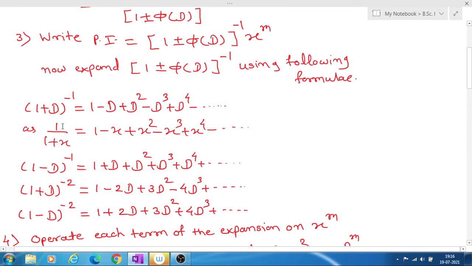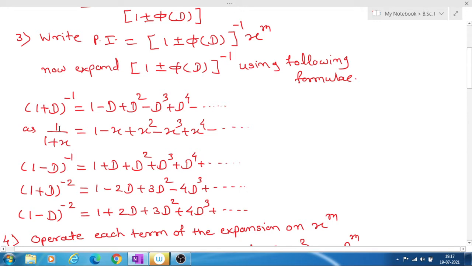So these are the formulae which are useful for expansion of 1 plus or minus phi(D) raised to minus 1. If there is (1 plus D) raised to minus 1, then the expansion of this is similar to (1 plus x) raised to minus 1, that is 1 upon 1 plus x, and this formula you have studied in the mean value theorem.